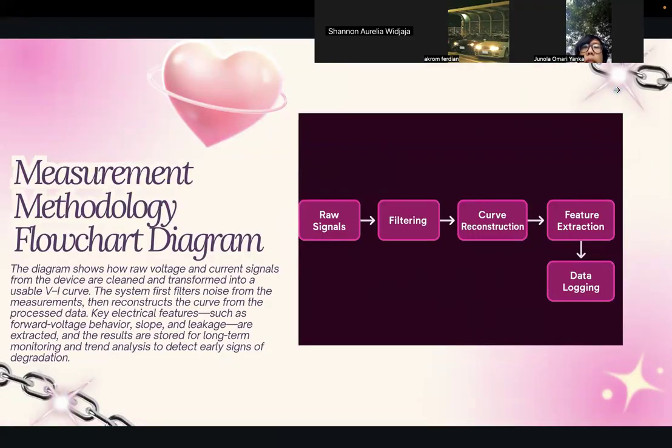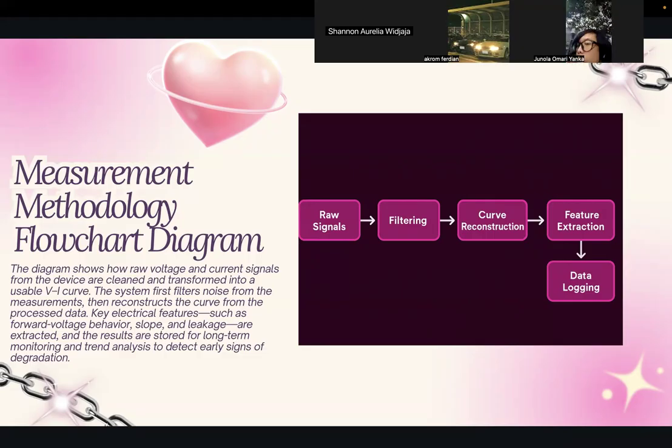Here we have the flow chart for the measurement methodology. First off, we take the raw signals, measure them, and clean them in filtering. After we filter them, we take the data points and plot them onto the curve in curve reconstruction.